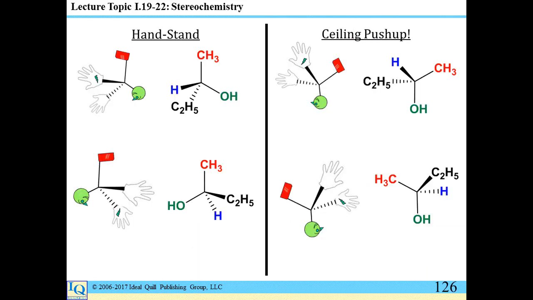Now, tetrahedra for molecules can be drawn in a variety of different ways. And it's not always a very easy task to convert this to the push-up drawing that I drew on the previous page. But you can always reorient your page. If you're doing a paper exam, you can rotate your head and look at the computer screen a different way.